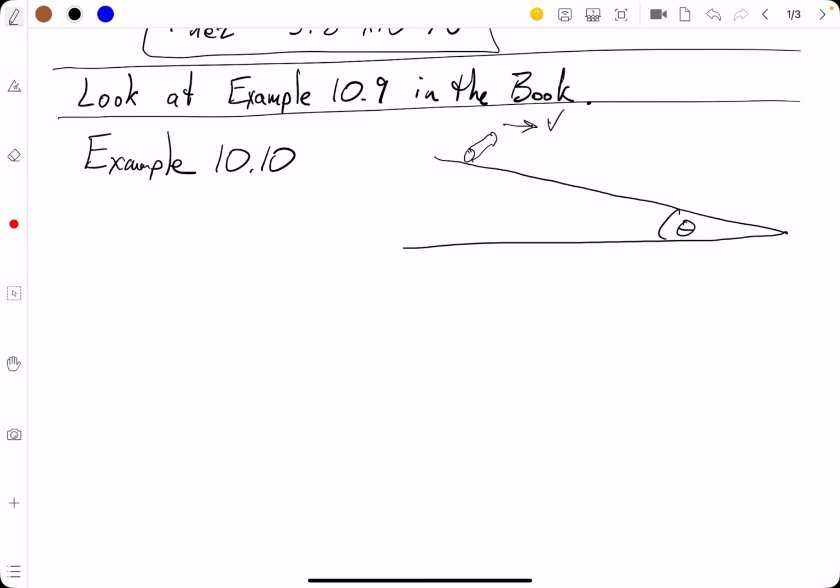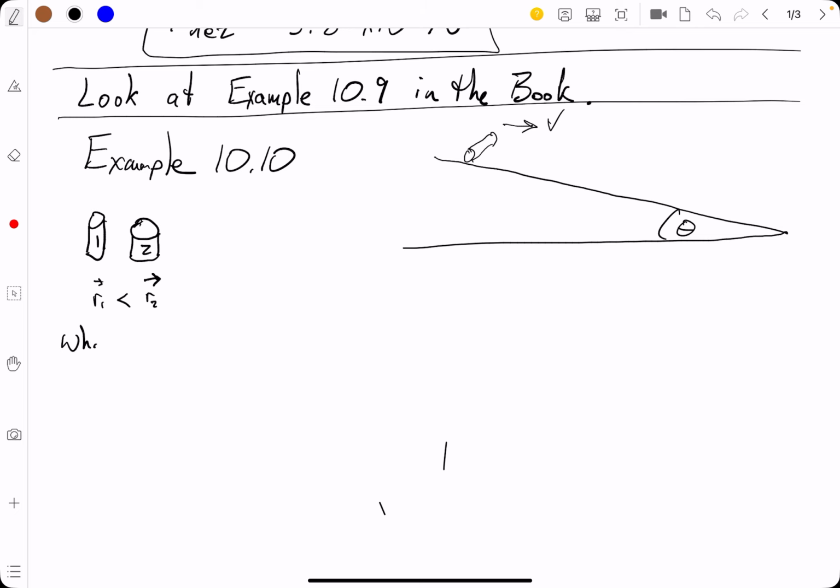And I'm going to give you two things. Here's one can, and here's another can. Okay, so we've got these two cans, and one has a larger radius. R2 is bigger than R1. All right, and we're going to roll these cans down the hill, and we're going to try and figure out which one goes faster.